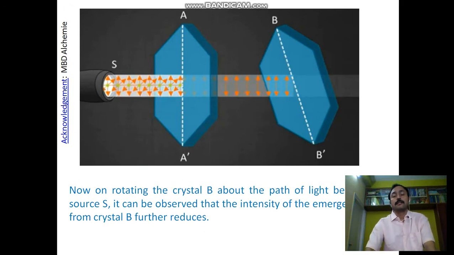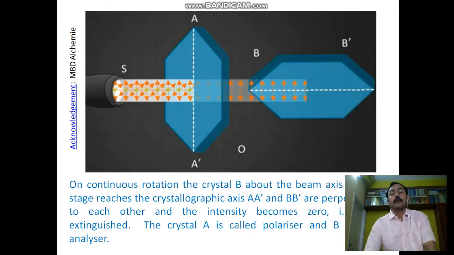Now the second crystal BB dash is slightly rotated. The intensity of the emergent beam from BB dash reduces, and after rotation by more than the initial one, the intensity of the emergent beam becomes 0. That means light is completely extinguished when BB dash is at 90 degrees to AA dash.